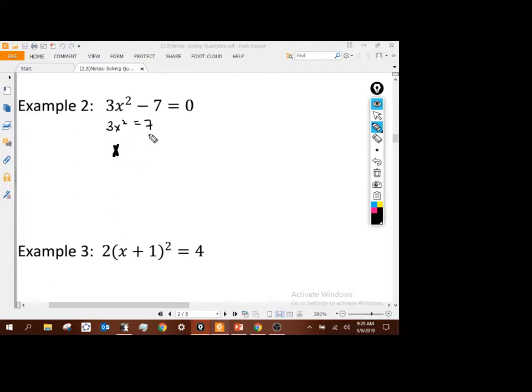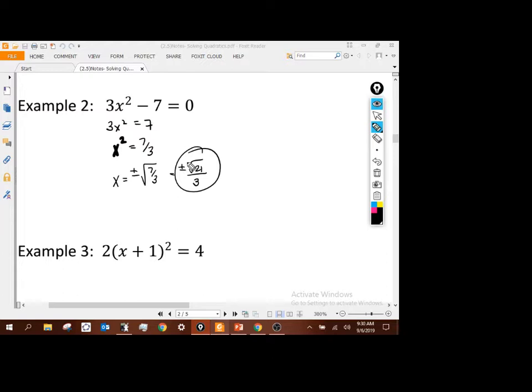I get x squared is equal to 7/3, right? So then take square root, which eventually, if I rationalize that, multiply by radical 3 over radical 3, I get plus or minus root 21 over 3, right?